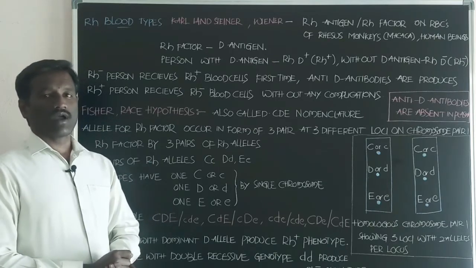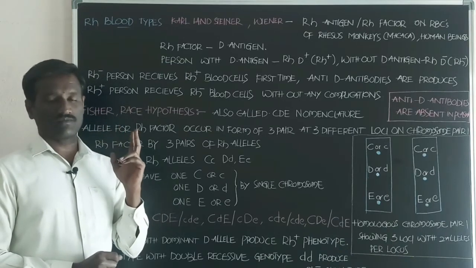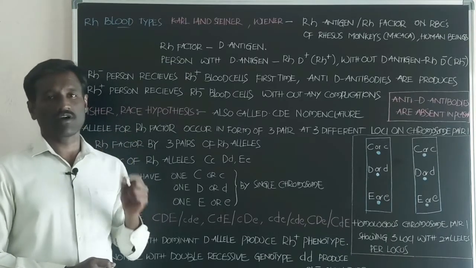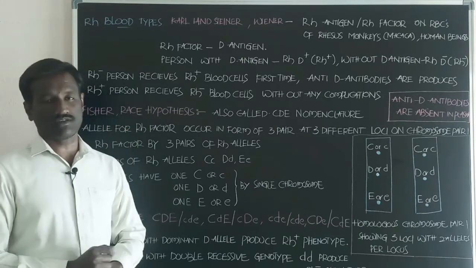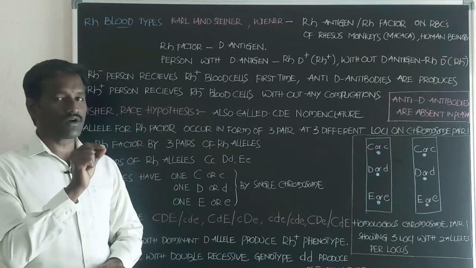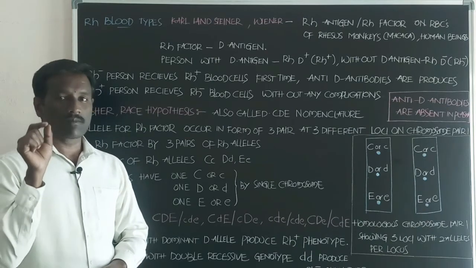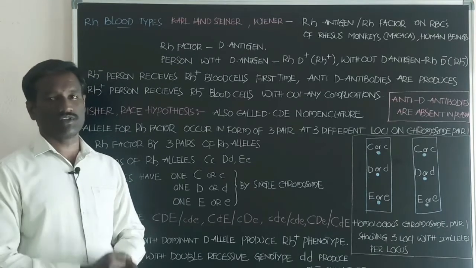And there are two types of antibodies also: anti-A antibodies and anti-B antibodies. These are the antibodies for the blood group, present in the plasma of the individuals.